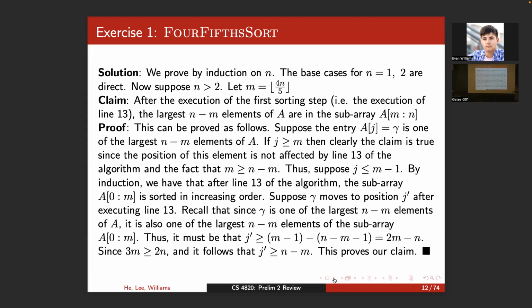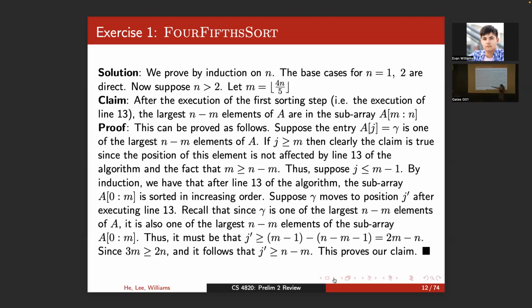If it's not, then we can use the inductive hypothesis. We can claim that from everything up to that point, it's going to work correctly. And like he said, line 13 is going to ensure that element gamma is inside that subarray from m to n. And so this is kind of how it goes.